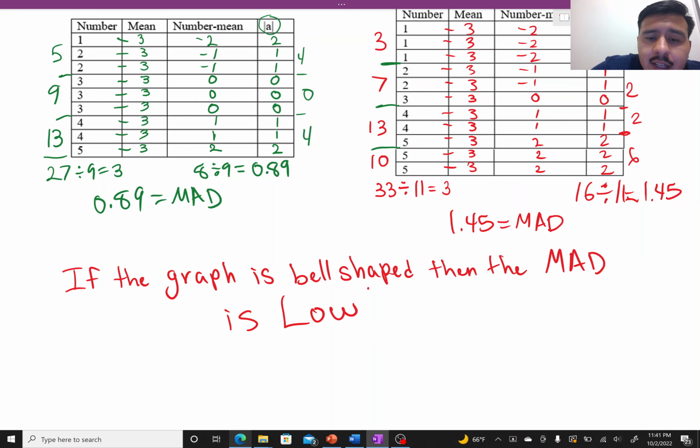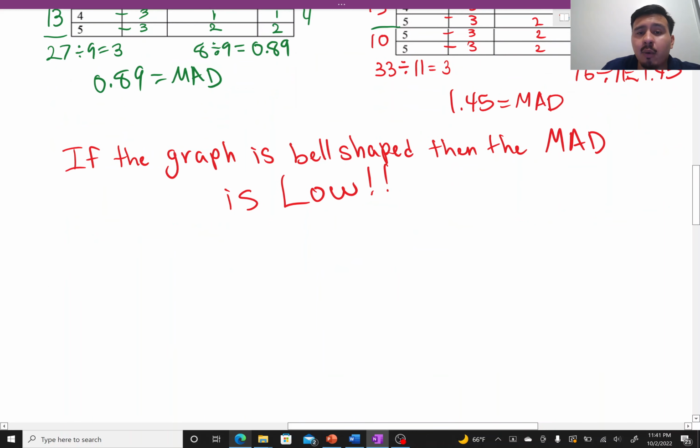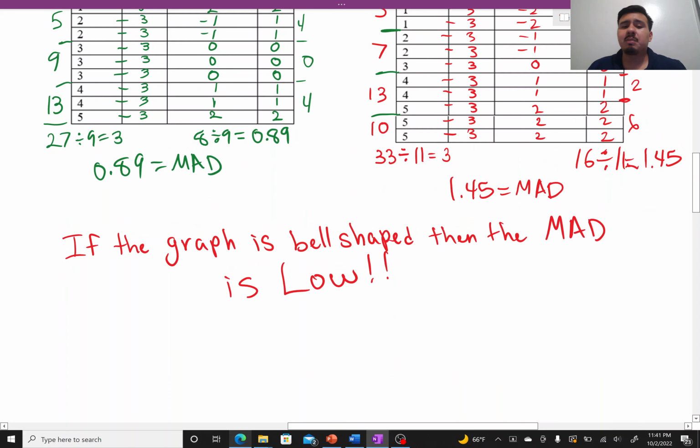Make sure you copy that down. Pause the video. Since I'm running out of space, I'm just going to go ahead and erase the parts that we don't need. So remember, write this down. Pause the video, copy this down. If the graph is bell-shaped, then the MAD is low.